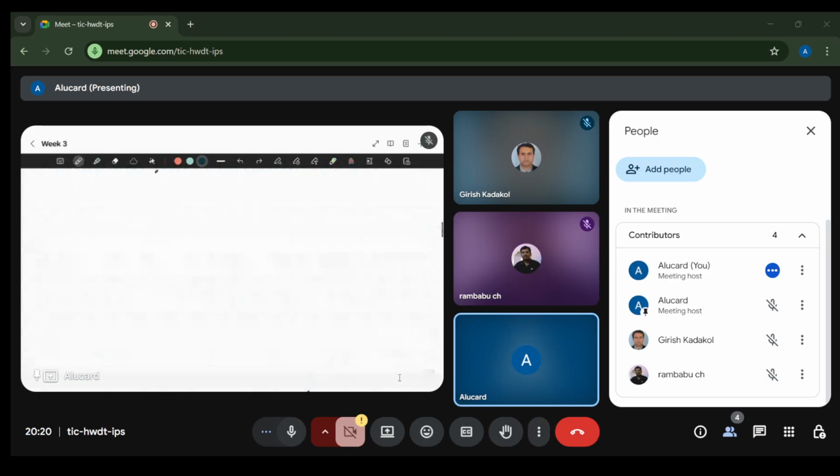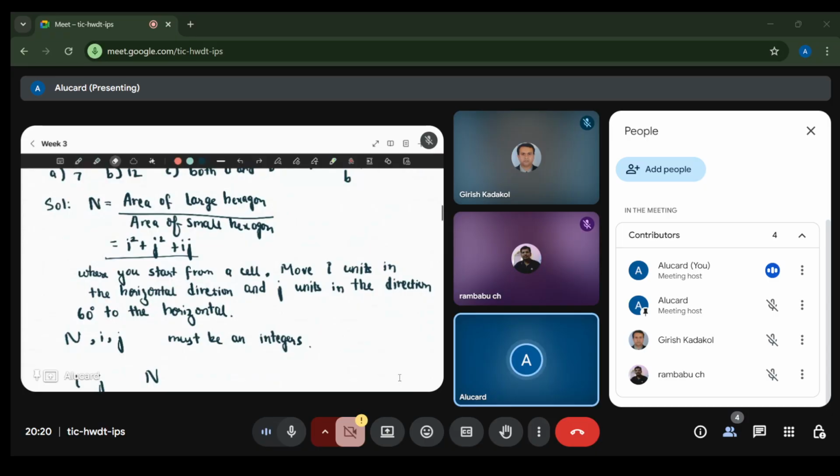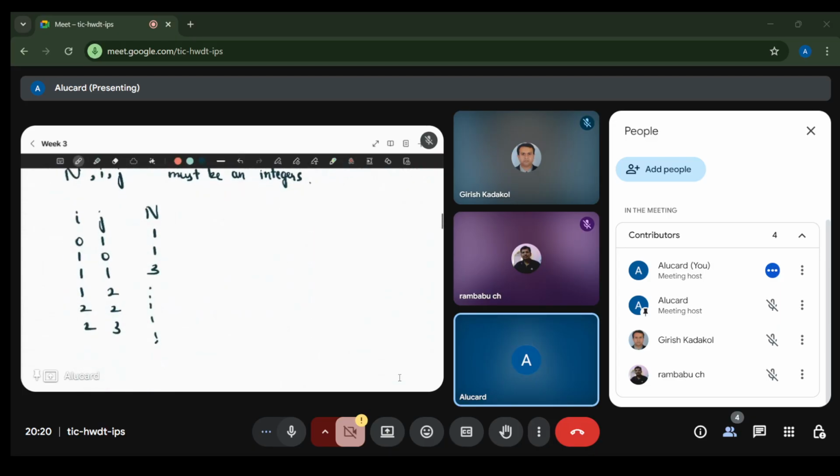I said this axis is 60 degrees to the horizontal. It's actually 30 degrees to the horizontal, 60 degrees to the vertical.